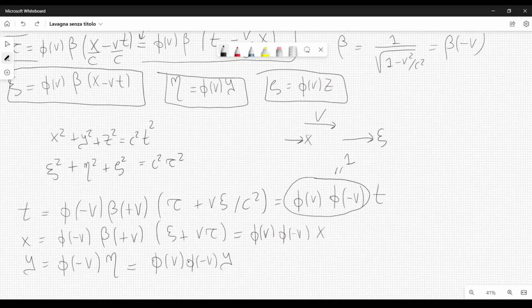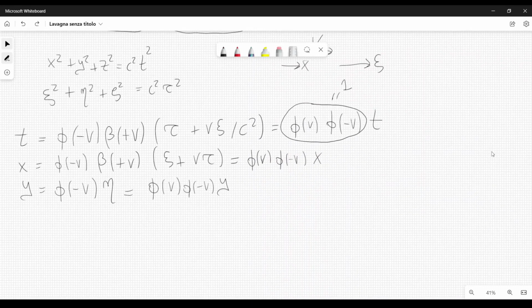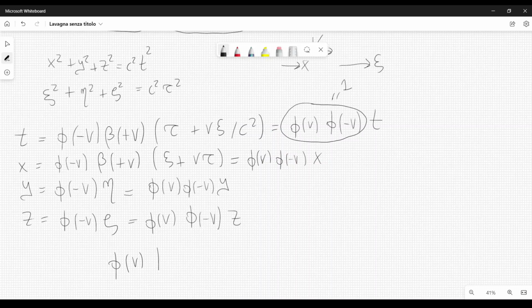And also in this case, phi of v times phi of minus v should be equal to 1. And you get the idea. So you also get z equal to phi of minus v times zeta, which is equal to phi of v times phi of minus v times z. Therefore, as I said, phi of v times phi of minus v is equal to 1.